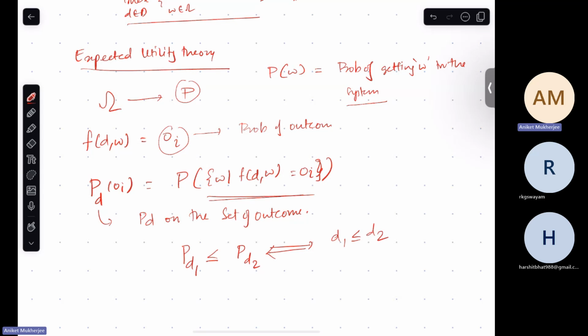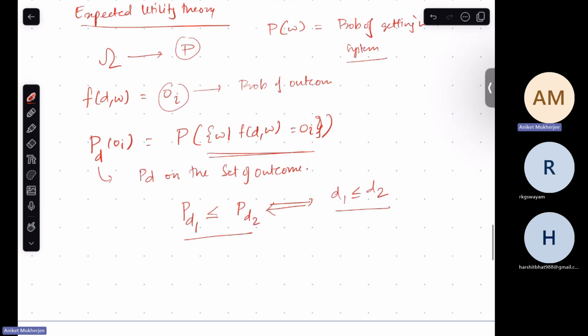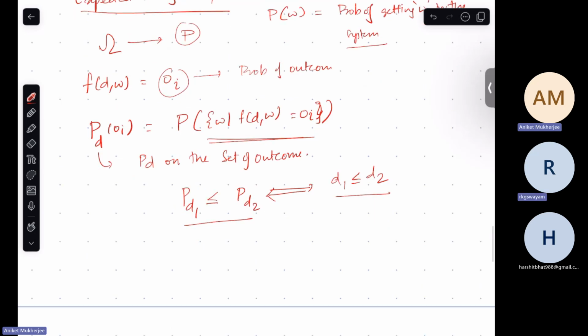If I have some preference relations between the distributions and the decisions themselves, then this is what the expected utility theorem does. So this P_d(o_i), its interpretation is not that clear. So what does it comprise of?